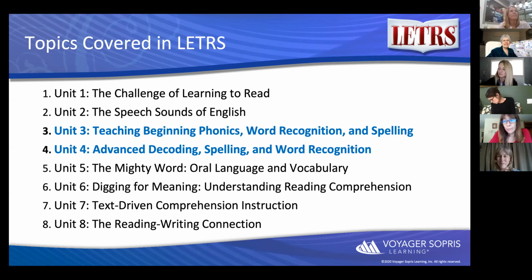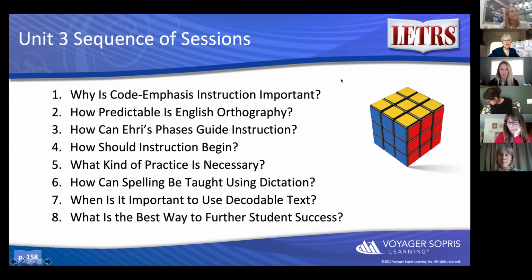So let us jump in, and we're going to spend this evening looking at Unit 3. And then when we return on Thursday, we'll look at Unit 4 for the big ideas. As we look at the content in Unit 3, there are 8 key sessions that you participated in online. We're going to make some connections to the first, why is code emphasis instruction important?